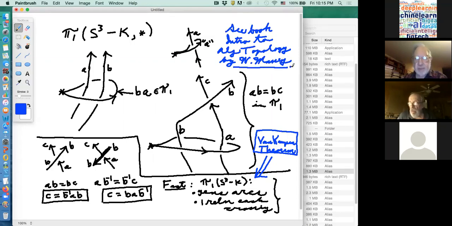The Van Kampen theorem tells you how to find the fundamental group of a space if it's been written as, say, the union of two spaces, and you know the fundamental group of the intersection, and you know the fundamental groups of each piece. And at another point, I may actually state the Van Kampen theorem and show you how to use it.